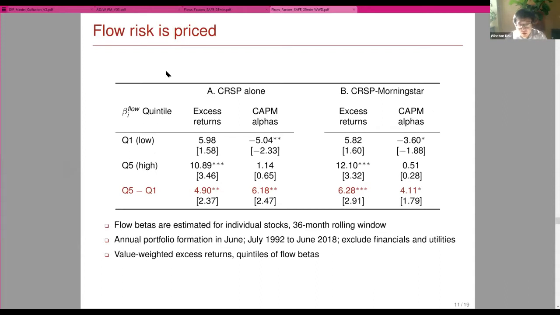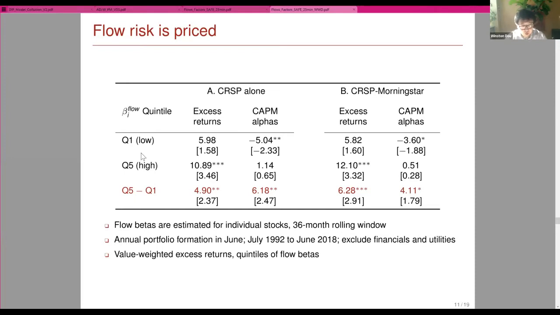So first, let's look at the asset pricing implications. Basically, we look at all the publicly traded stocks, and of course we exclude financials and utilities, and using a rolling window we estimate their fund flow betas.